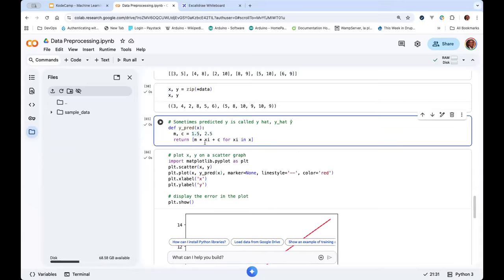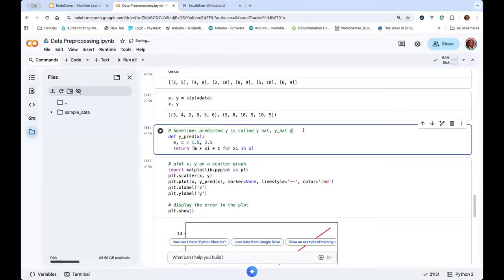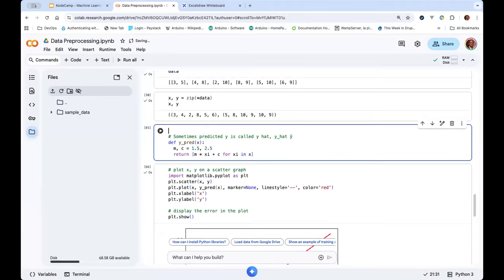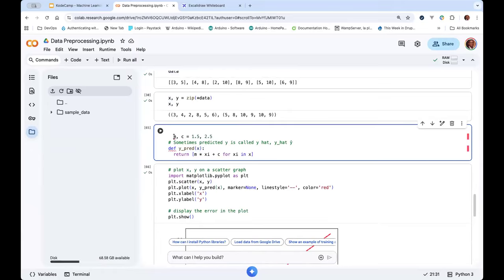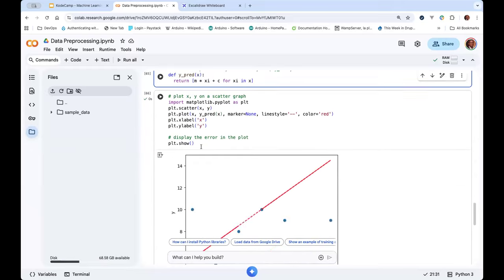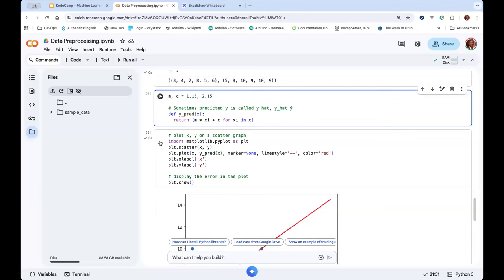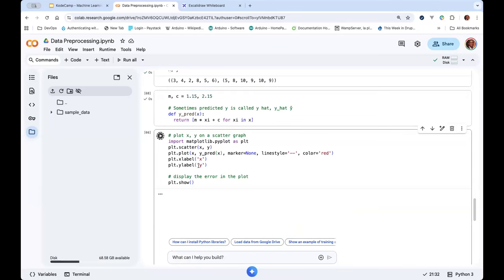In order to speed things up for myself, I'll move M and C outside of this so that we will use a single value for it. I don't need to keep adjusting in multiple places. So now I'll go back to 1.15. Run this one, run this one.